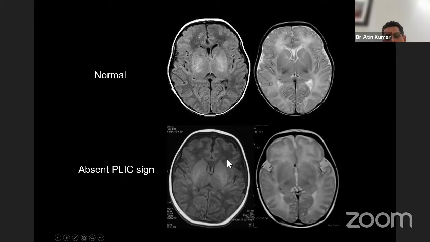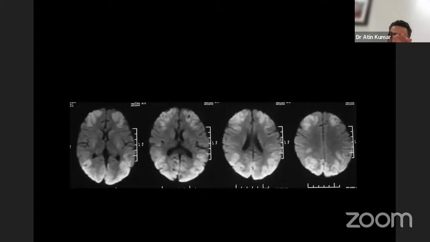However, if you do an MRI of a child, let's say 38 weeks, 39 weeks, 40 weeks, 41 weeks, or a postnatal MRI, and you do not see myelination in the posterior limb of internal capsule, this is one sign which tells you that there is some insult which has occurred, which has led on to either delayed myelination or maybe a dysmyelination of the internal capsule, the posterior limb. This is one sign we look at when we are looking at the term MRI. Please remember, this sign can be used only when the child is more than 37 weeks of gestational age, because that is the time when the posterior limb of internal capsule starts to get myelinated.